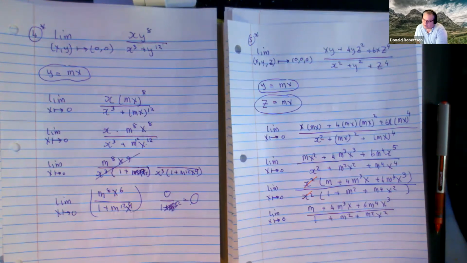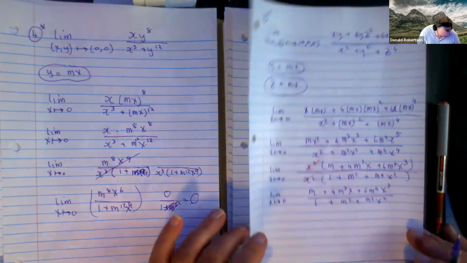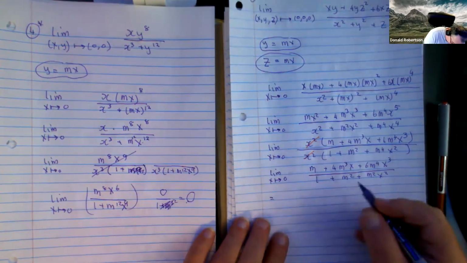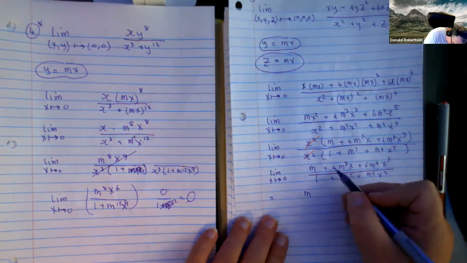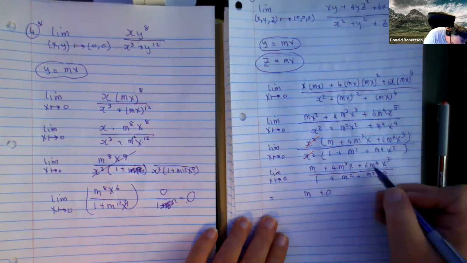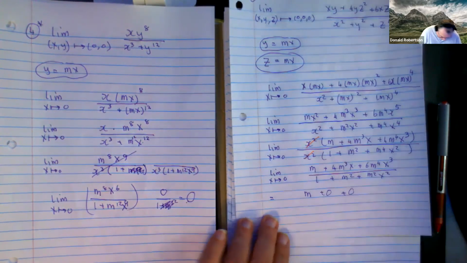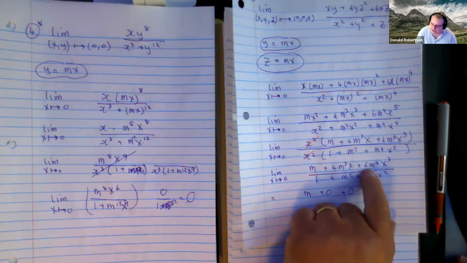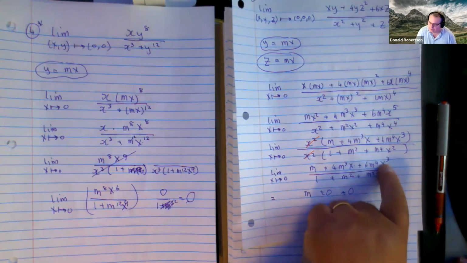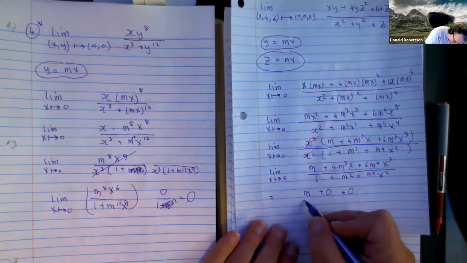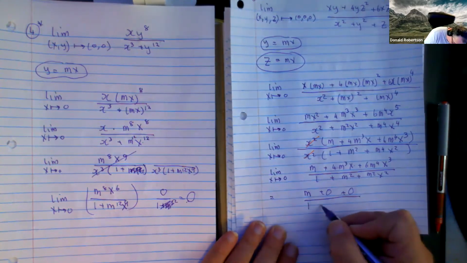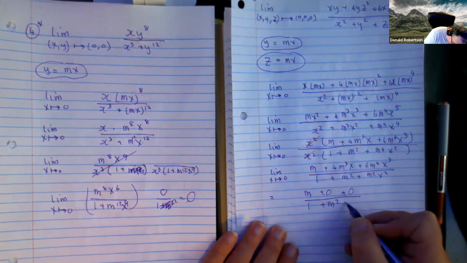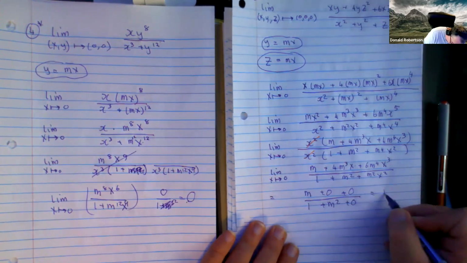So far, so good. Now, we can make x equals 0. And so I get an m. That guy is nothing, and that guy is nothing. Because isn't m cubed times 0 still going to get you 0? And isn't 6m to the 4 times 0 cubed still going to get you 0? And on the bottom, I'm going to get 1 plus m squared plus some zeros.